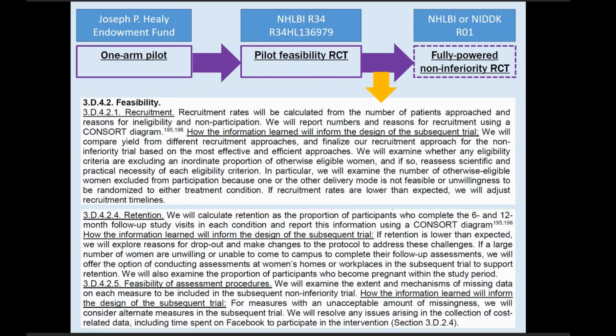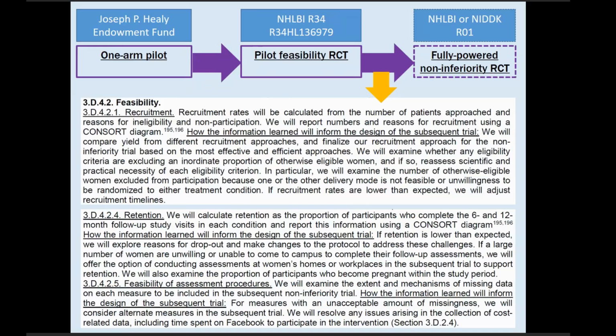It's rare that a one-arm pilot would be enough for an enormous amount of funding like an R01. But in all of the different studies that you're doing, if you've been doing some other studies, you probably do have some preliminary data that would be useful for your study section.